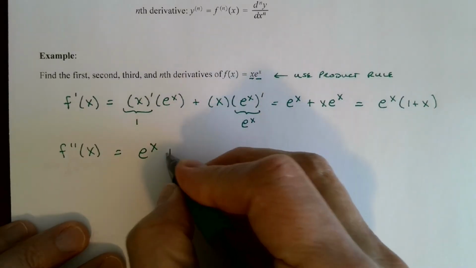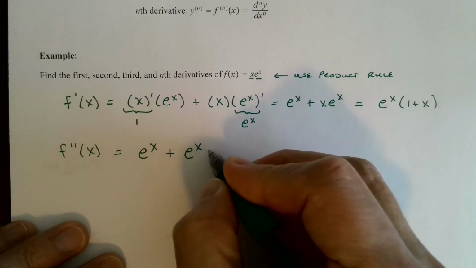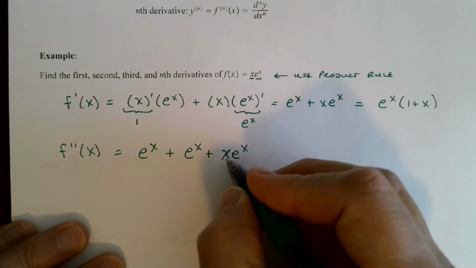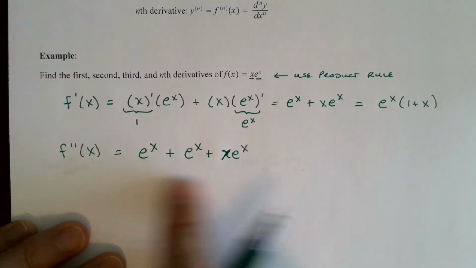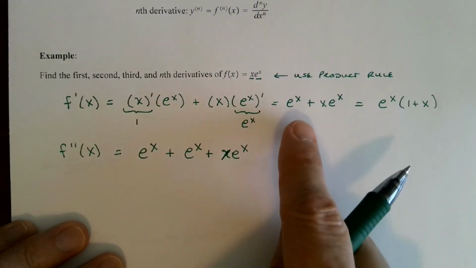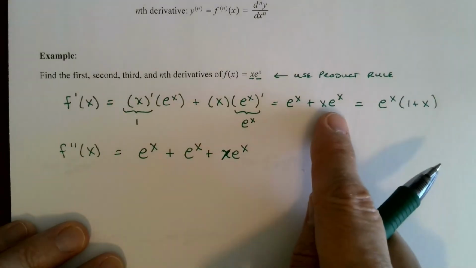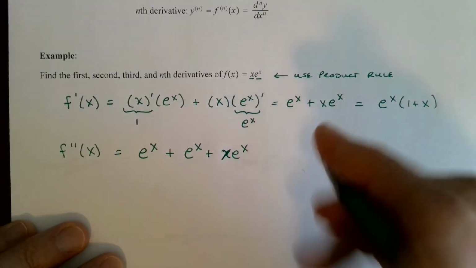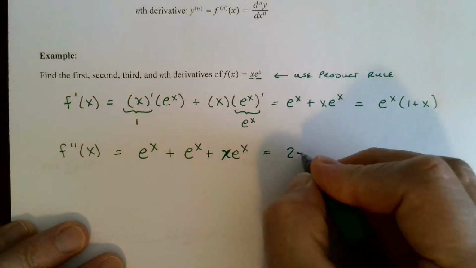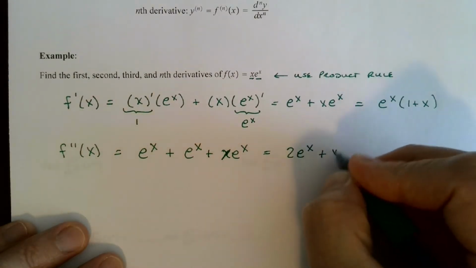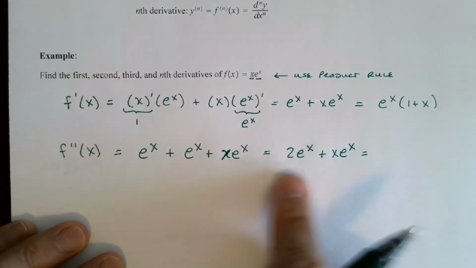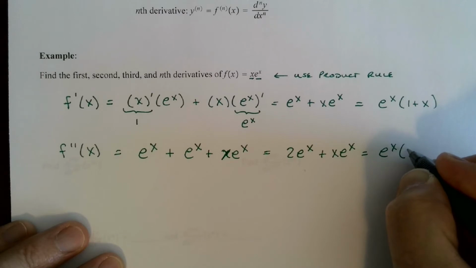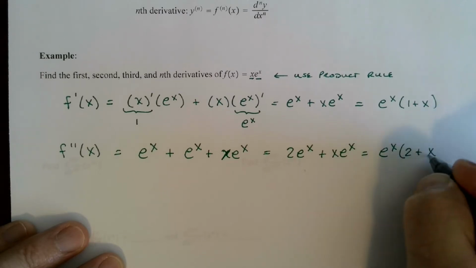So the derivative of e to the x is e to the x, and the derivative of x e to the x is this part. So I can combine these together. e to the x plus e to the x is 2 e to the x plus x e to the x. And again, there's my derivative. I'm going to factor out the e to the x again because we're going to see a pattern here. This leaves 2 plus x.